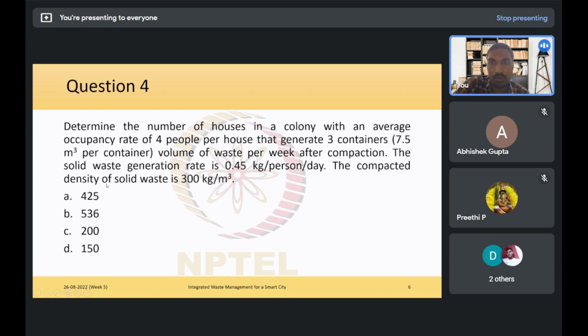So we want to determine how many houses are there in a particular colony. The amount of waste generated is given in terms of the volume of containers, and we also know the per capita waste generation and the compacted solid waste density. So the options are 425 houses, 536 houses, 200 houses, and 150 houses. Please take a minute to solve it, and then you can answer in the poll.